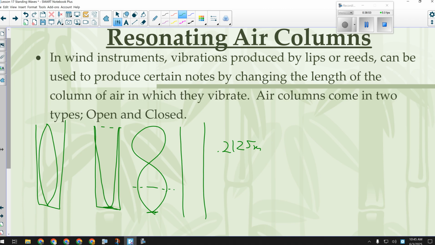What's it reading there? Like 65. Awesome. Okay, it's working out perfect. You don't know why yet, but it's working out perfect. Okay, 0.65 meters.